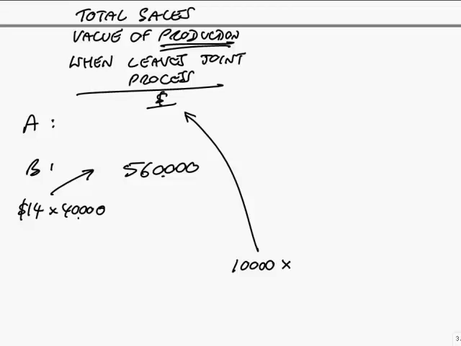You can only sell it for $10 after you've done some extra work. All right? So to get effectively its sales value, we take its final selling price, which is what? 10.